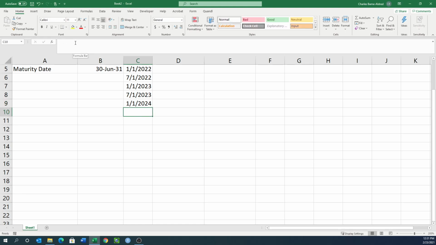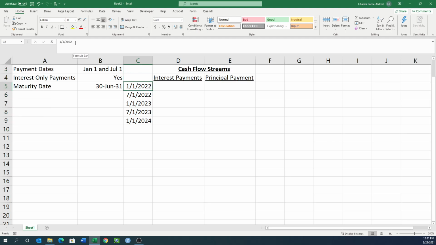Ultimately I'm going to put in all of these different payments. It might be easier just to do it this way.